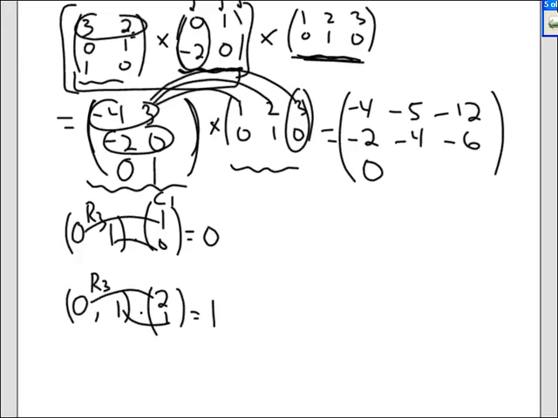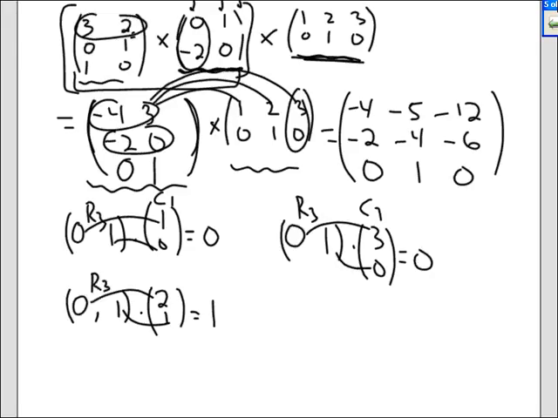So 0, 1. And now row 3, we dot this with column 3. Get 0 plus 0 is 0. And there is your matrix multiplication of those three matrices.